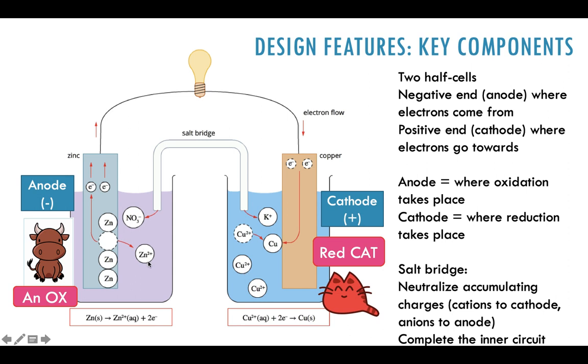If this keeps happening, then this entire reaction will stop. So we need to constantly balance these accumulating charges. Here, the anions in the salt bridge will come to balance the cations that are constantly being produced. And the cations in the salt bridge will continuously come here to supply the cations that were lost because of the reduction reaction. So they neutralize the accumulating charges in both half cells.